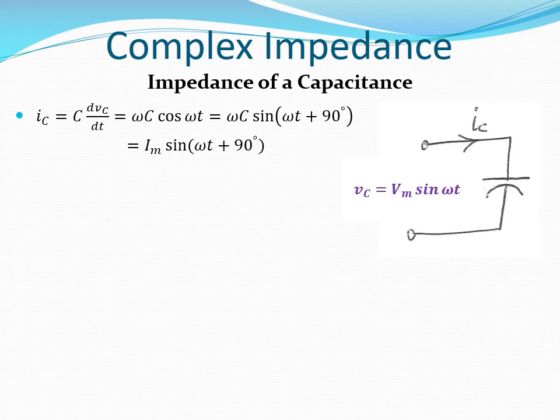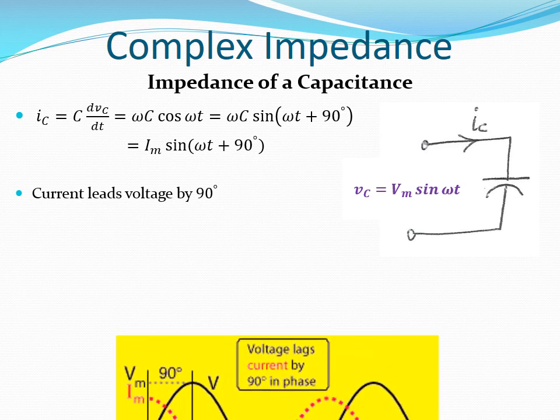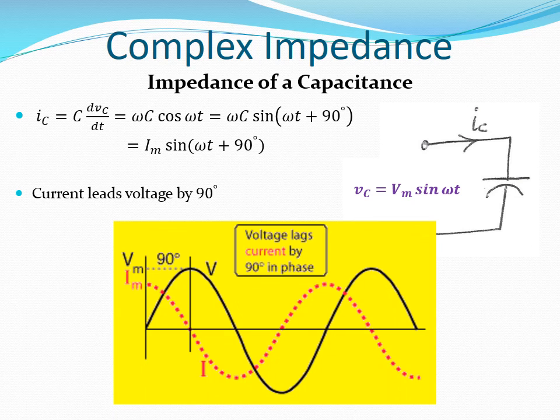This can be expressed as Im sine omega t plus 90 degrees, where Im is equal to omega C. From the expressions, we notice that for a pure capacitance, the current leads the voltage by 90 degrees.